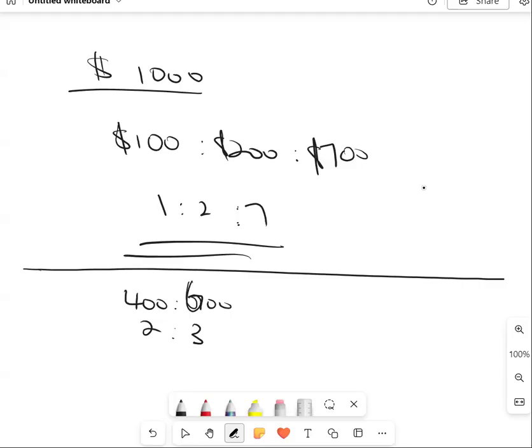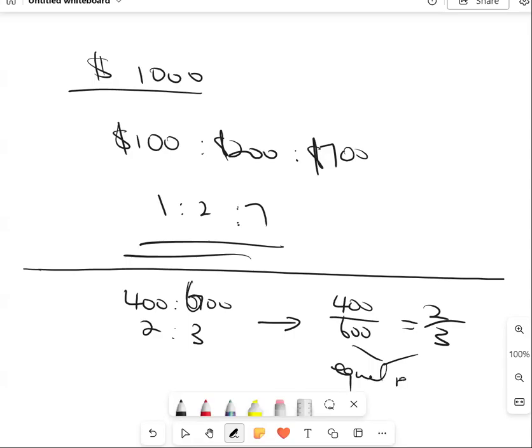Now this ratio can be written as a fraction. You can write 400 to 600 is equal to 2 over 3, right? These are two equal ratios.